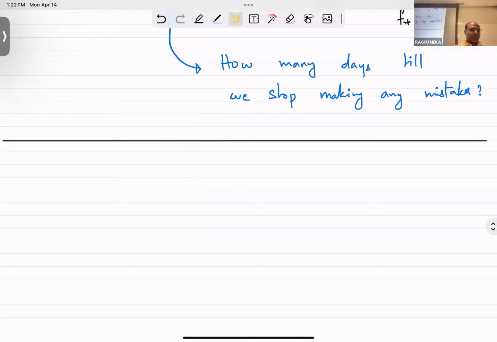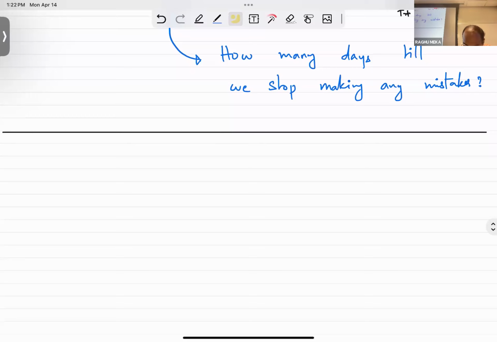So this leads us to the mistake bounded model, which is the following setup.